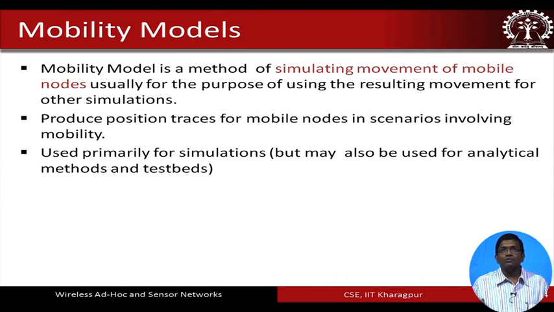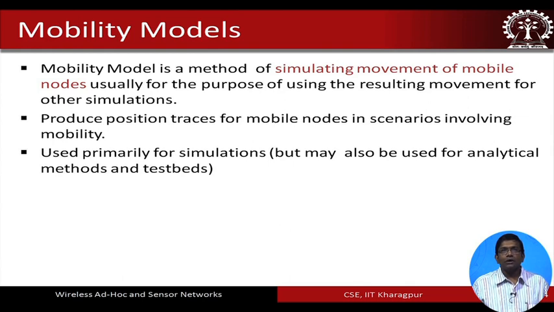The mobility models will help in simulating the movement of the mobile nodes. They produce position traces for the mobile nodes in scenarios involving mobility, which means that when the node moves in a particular terrain, the traces capture the different positions of the nodes at different instants of time.